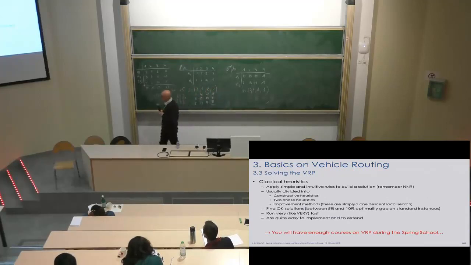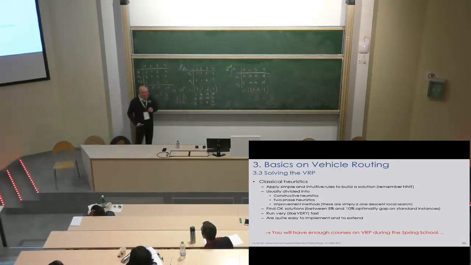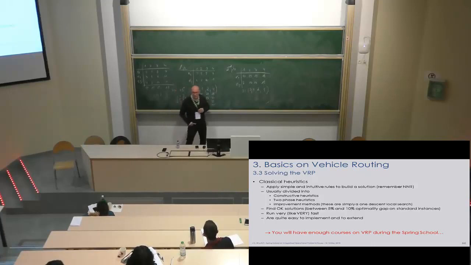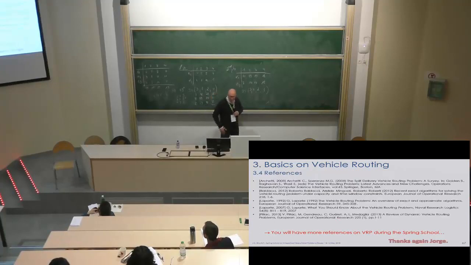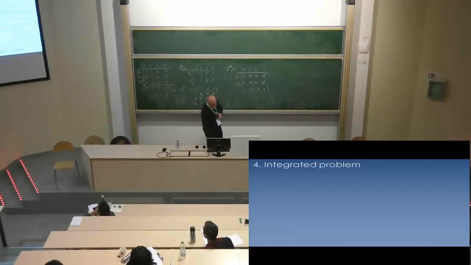And there are a lot of heuristics that apply simple and intuitive rules to build a solution, such as nearest neighbor, etc. Constructive methods, two-phase heuristics, improvement methods, and also meta-heuristics. I think that you will have enough courses on VRP during the spring school, so I do not go into more detail for this problem. There are also a lot of references, and you will have more, I think, during your stay in Troyes.